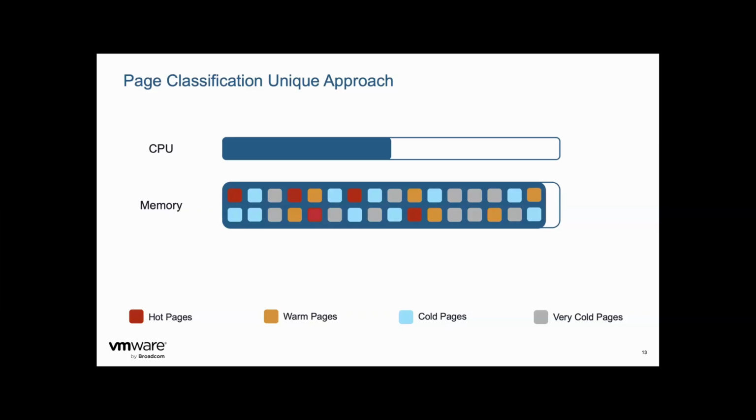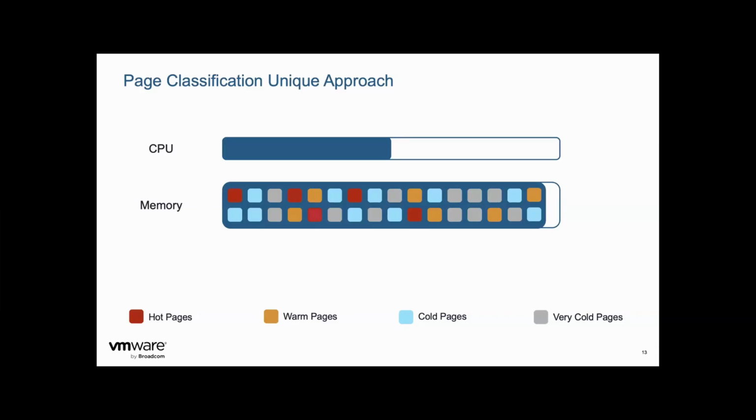And we classify those pages into hot, warm, cold, or very cold. That is one of the important steps in the algorithm that we're using here: to classify those pages and then make decisions based on their state, their activeness, and how often they're being accessed.